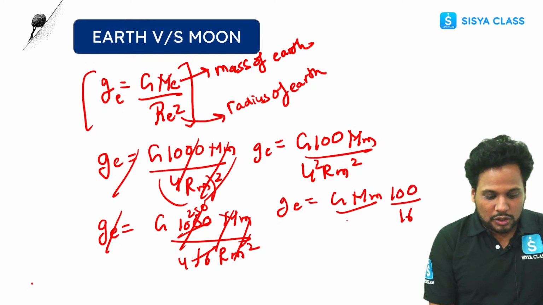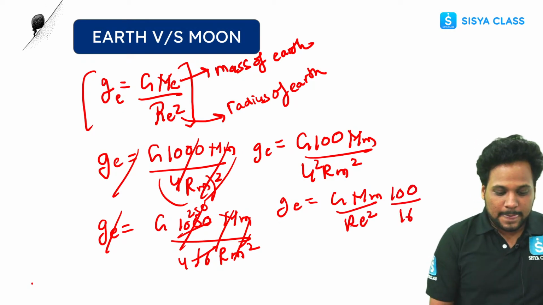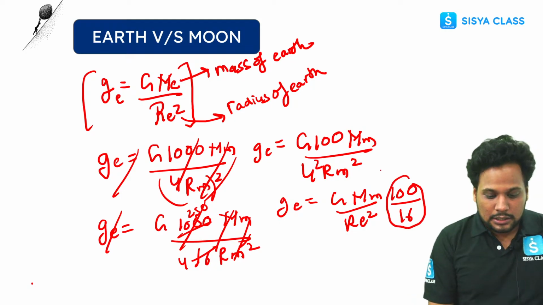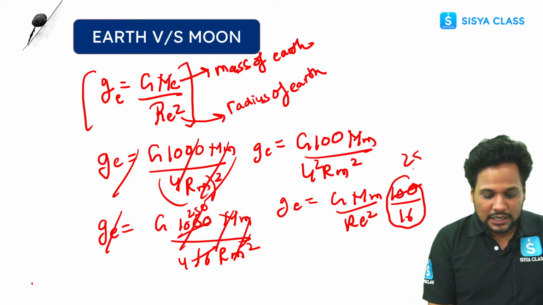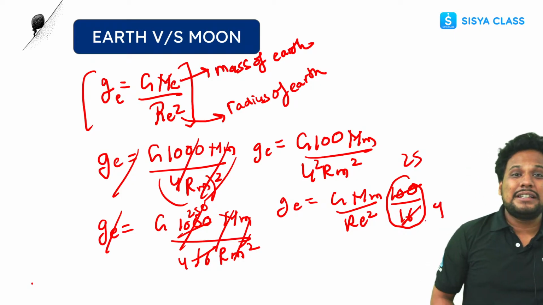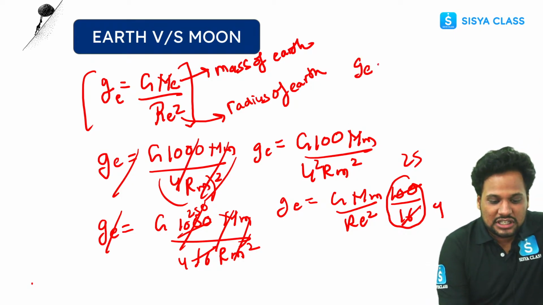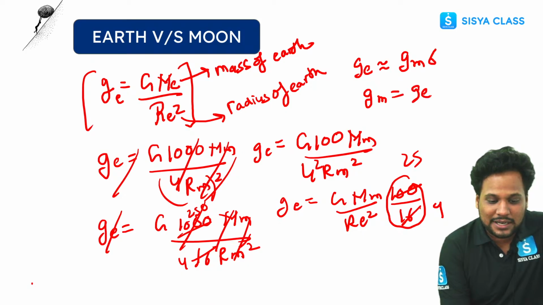Now tell me what you are going to get. So this is 100 by 16, which is 25 divided by 4, so it's near about 6, right? So GE is nearly about G of moon into 6 times, and so GM is equal to GE by 6.